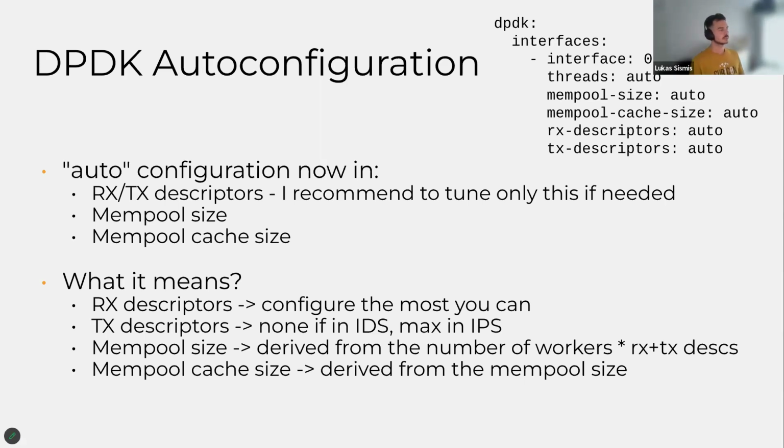And with TX transmit descriptors, it tries to set 0 when it's running in IDS mode, and again the maximum value when it's running in IPS mode. Then it takes these values of the RX/TX descriptors and calculates the mempool size. Here we see the basic calculation for the mempool size.